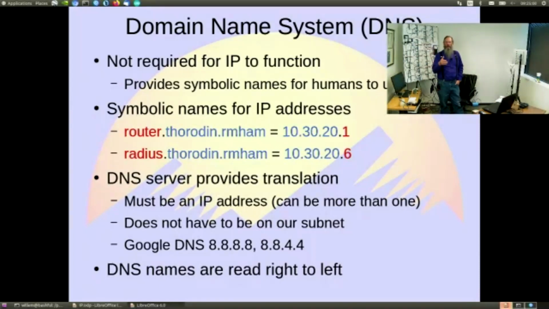There's also 1.1.1.1 and 4.4.4.4. There are a lot of easy to remember IP addresses for people like Google to actually provide DNS for us, or in our case, we actually provide our own DNS.